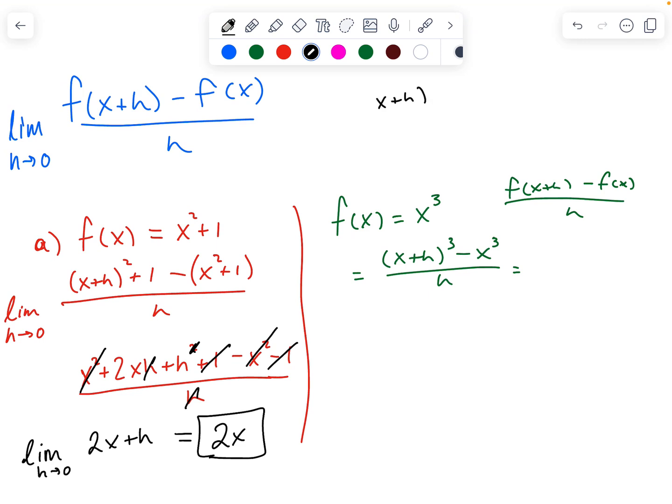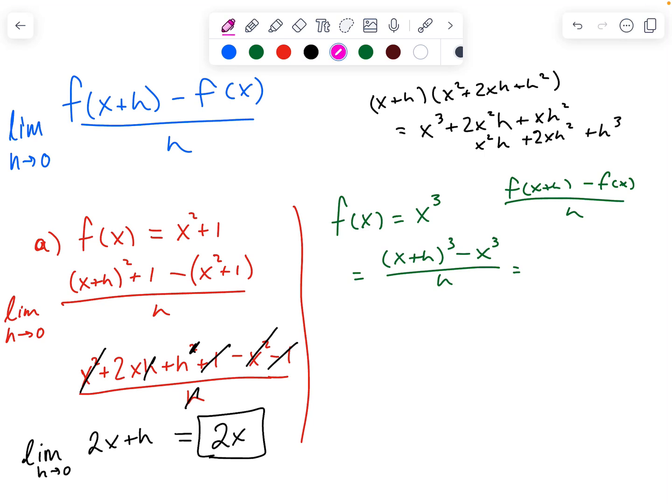x plus h, x squared plus 2xh plus h squared. This would be x cubed plus 2x squared h plus xh squared plus x squared h plus 2xh squared plus h cubed.